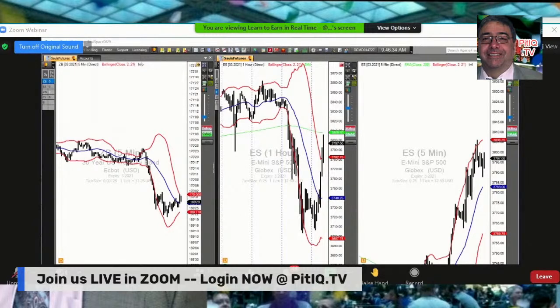We try to show you where these levels are that we think the market would find some support or resistance, and let you find a way to maximize your entry points so that you can maximize the profit potential that you have, and also minimize the risk as much as possible. And this is a risky business, that's for sure.